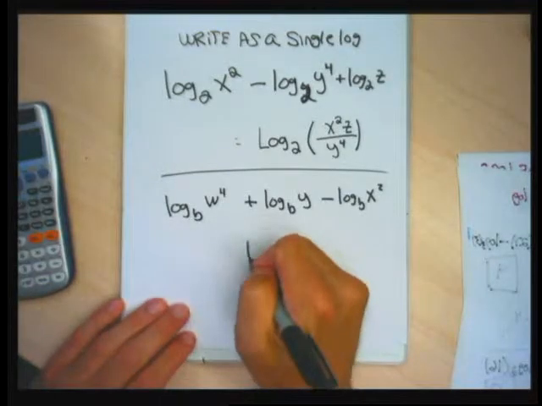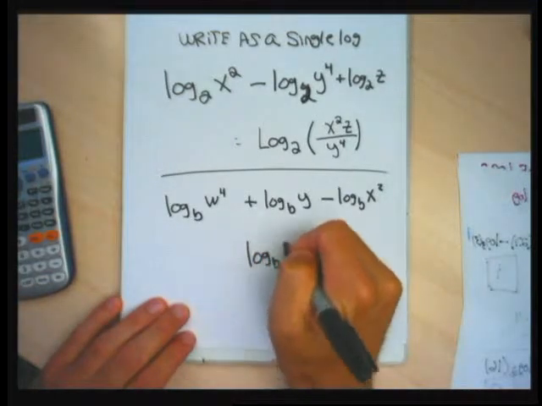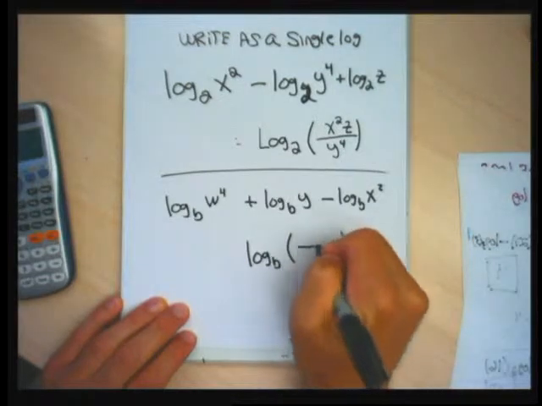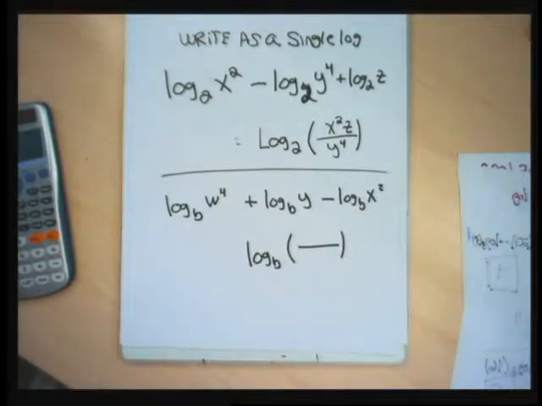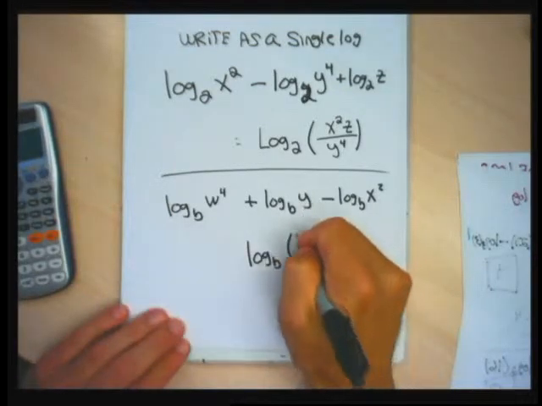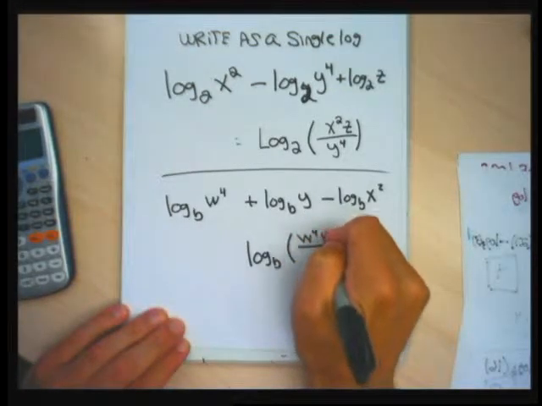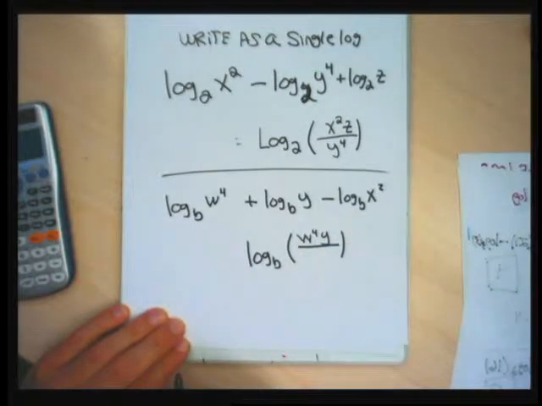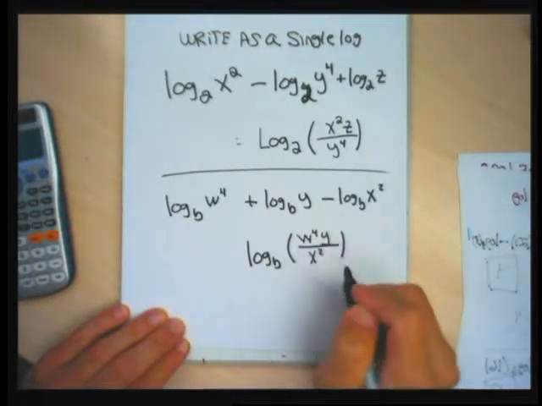And when I condense them, the base doesn't change. If I see a minus, I know I need a fraction. If I don't see a minus, then I'm not going to need to use the minus to divide rule. I'm just going to use the adding to multiply rule. In the numerator is going to be both a w to the 4th and a y because those both have pluses in front of them. And the denominator is going to be an x squared.